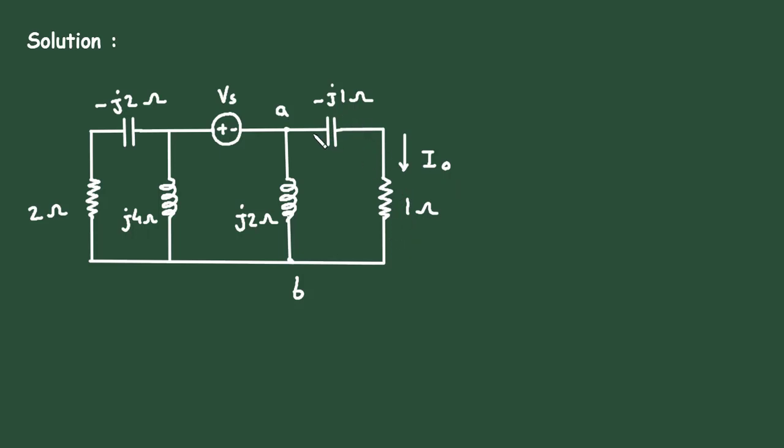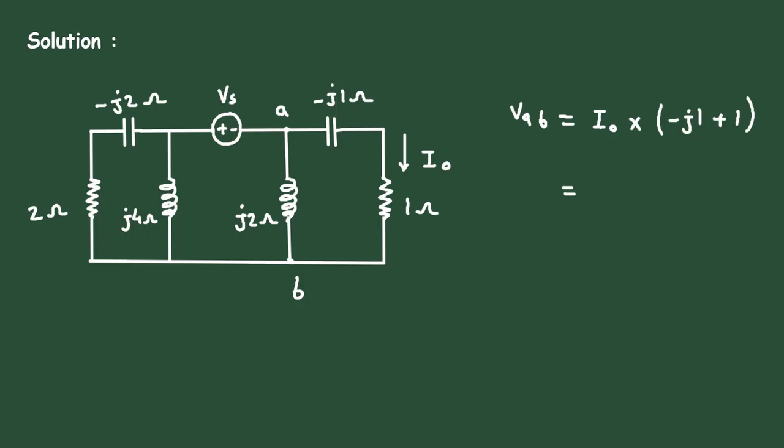So we can easily find the terminal voltage VAB. VAB is equal to current I0 multiplied with impedance. The impedance here is minus J1 plus 1. This is the impedance.